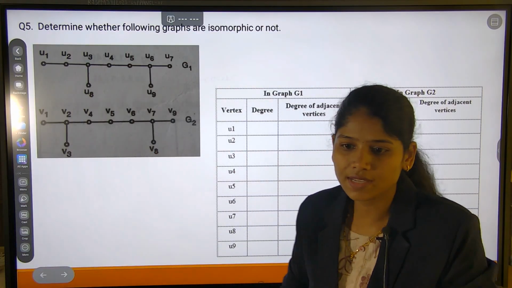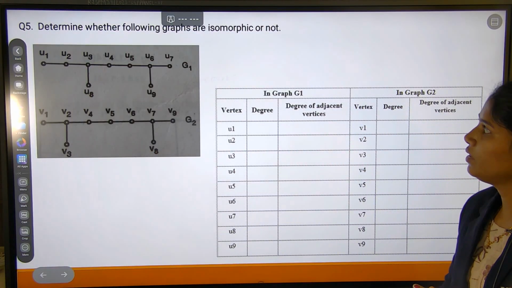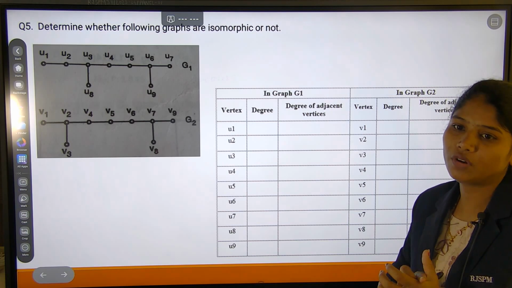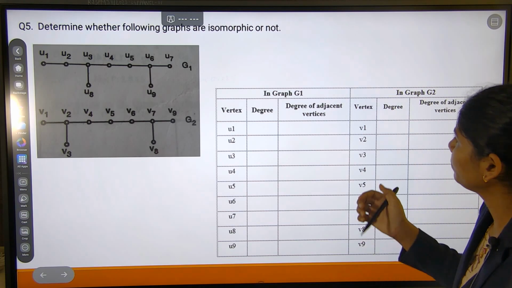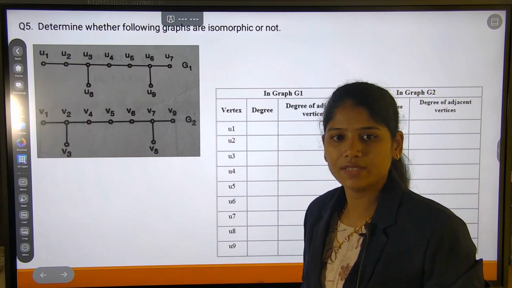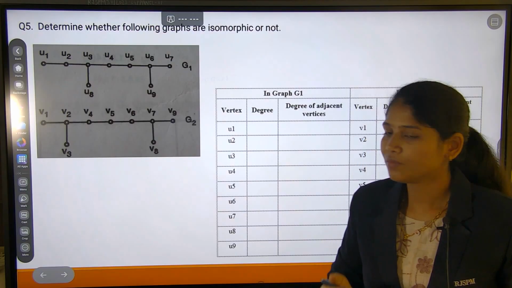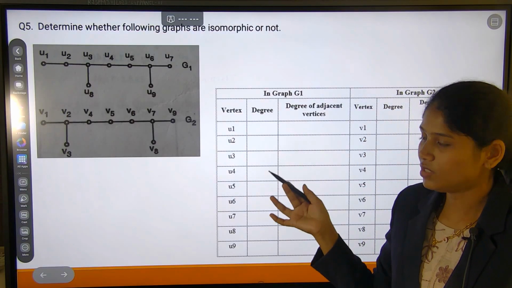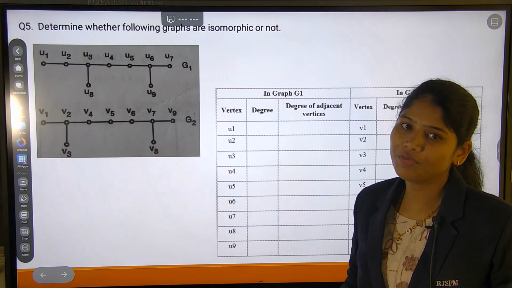Now we see the last example. Determine whether the following graphs are isomorphic or not. Again the same process, same conditions are there. First check the number of vertices and number of edges.